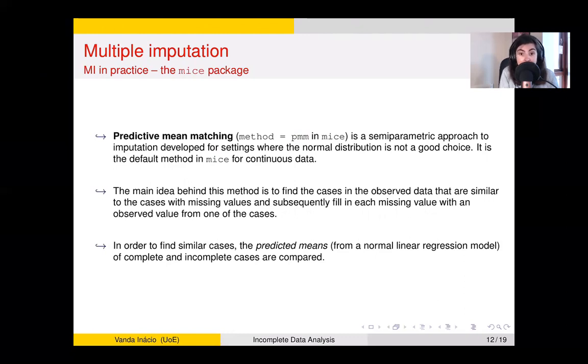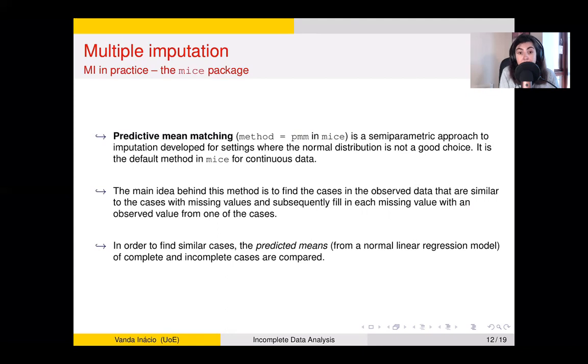The main idea behind predictive mean matching is to find the cases in our observed data that are similar to the cases with missing values, and then we impute the missing values with the observed value from one of these similar cases. In order to find similar cases, we use the predicted means, hence the name predictive mean matching, from a normal linear regression model.